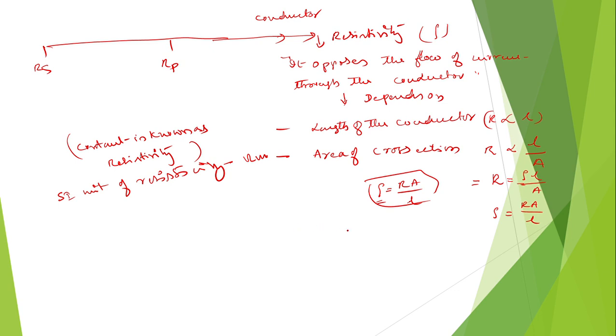So by seeing this, you can tell that if the conductor has low resistance, then we can say that it is a good conductor.